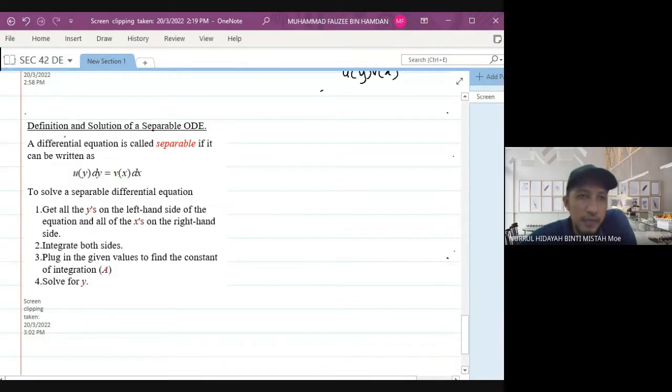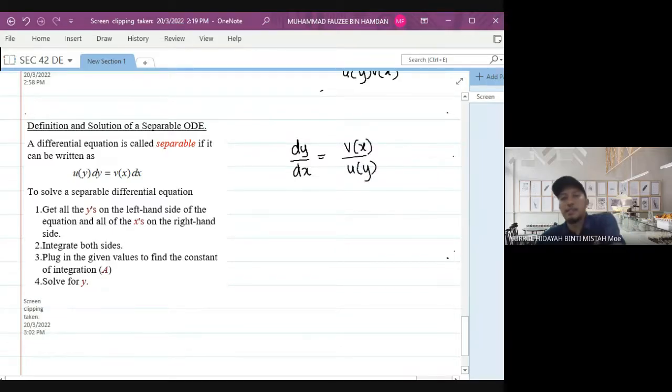Okay, so the definition and the solution of the separable first order ODE. A differential equation is called separable if it can be written as this one. If this is the general form of the first order, let's say dy over dx equal to v(x) over u(y).